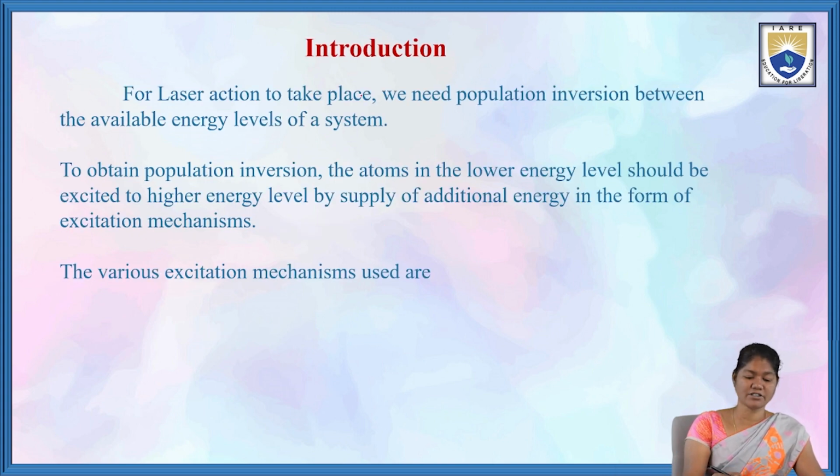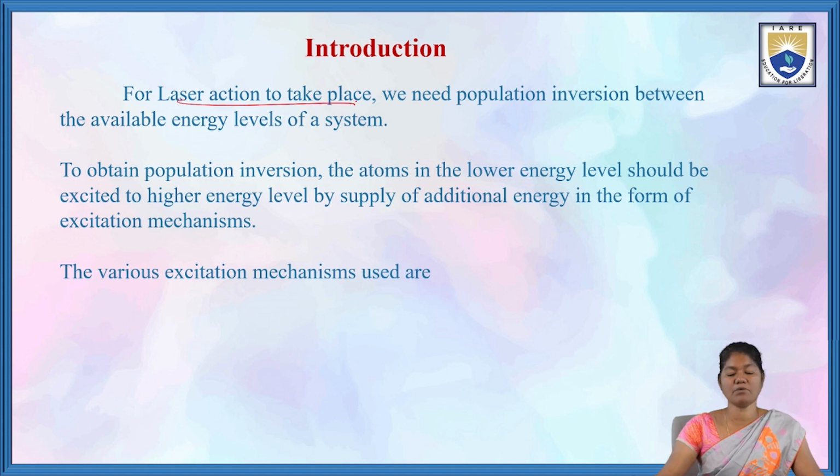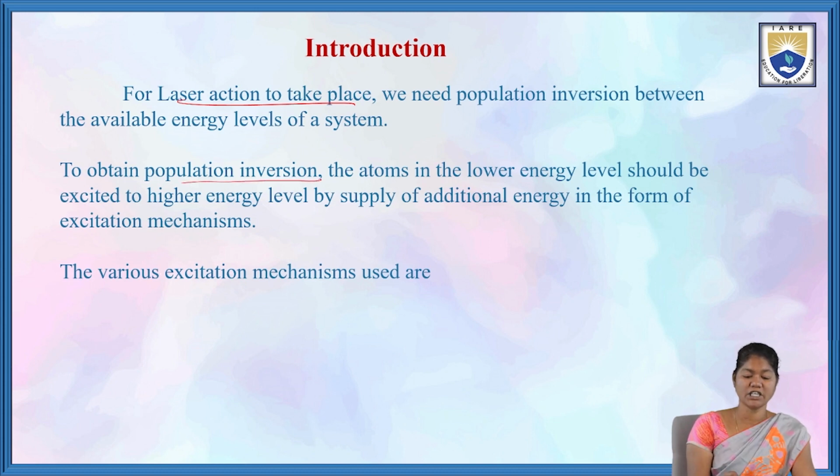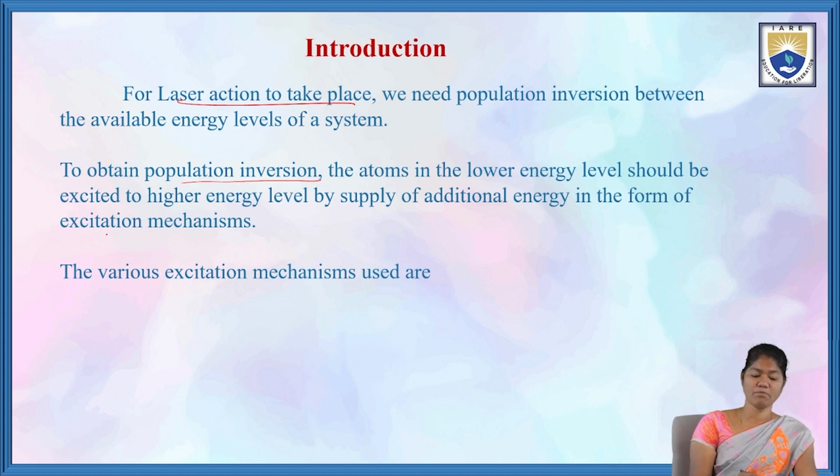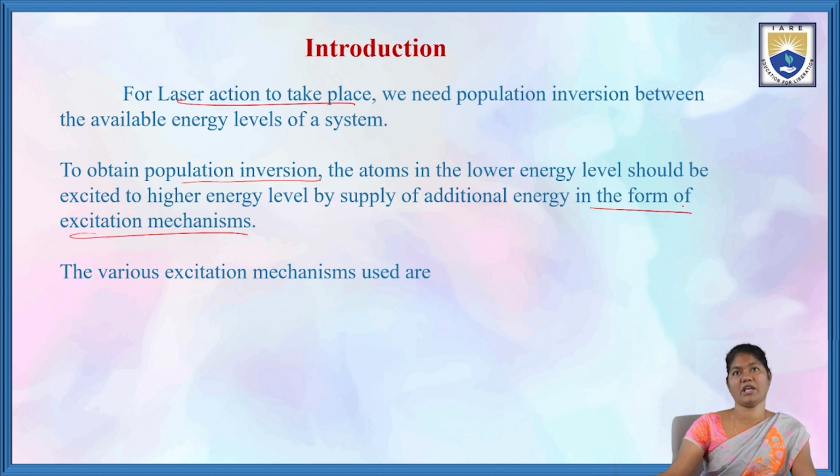For laser action to take place, we need population inversion between the available energy levels of a system. To obtain population inversion, the atoms in the lower energy level should be excited to the higher energy level. This can be done by supplying additional energy in the form of an excitation mechanism.